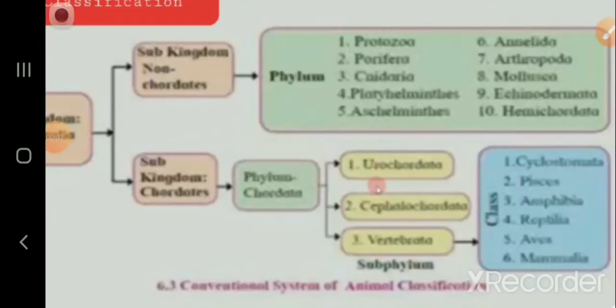Today I am going to continue with chapter 6 of Science 2, Standard 10, that is Animal Classification. Let us recall what we have studied in the previous lecture.